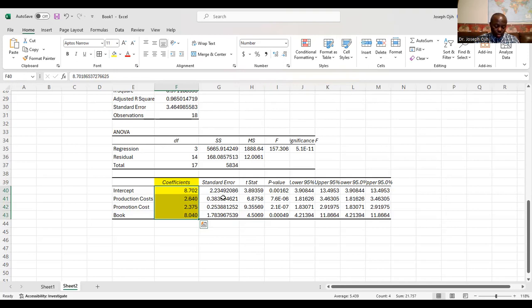B0 equals 8.702. B1 equals this one here, 2.640. B2 equals 2.375. B3 equals 8.040.